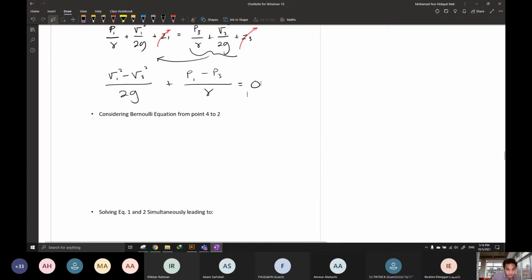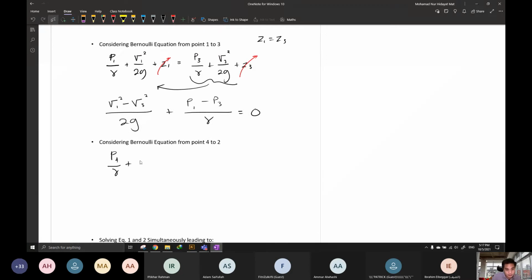The pressure at point 4 over gamma plus velocity at point 4 squared over 2g plus Z4 equals P2 over gamma plus V2 squared over 2g plus Z2. Rearrange the equation.